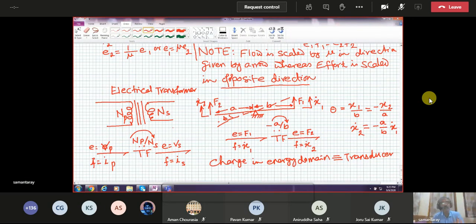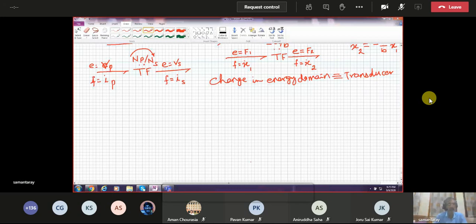That's why, although this looks like a single energy domain to single energy domain transformation, in between there is a change of energy domain involved. So that's why these are also transducers. Some simple two more examples, maybe with change in energy domain.